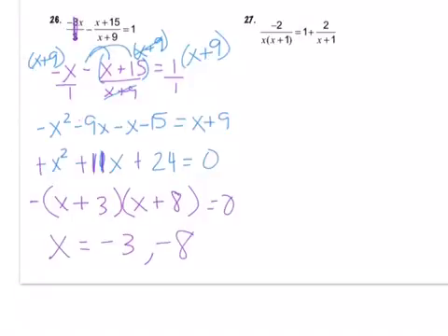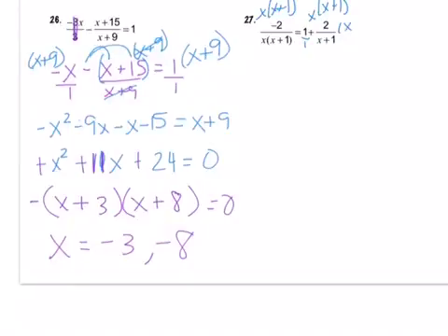Okay, and our last one for the day, we have x times x plus 1 here, and x plus 1, and there's a 1 here. I have to make sure I remember that one. So my LCM is x times x plus 1. When I multiply this one by x plus 1, it's going to cancel, but I'm still going to write it so I can keep my thoughts organized.